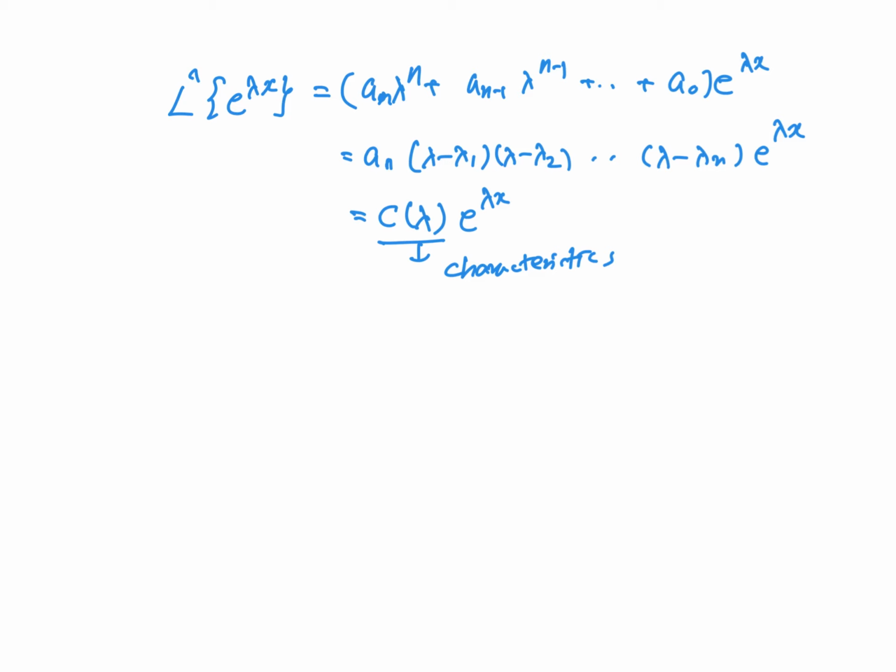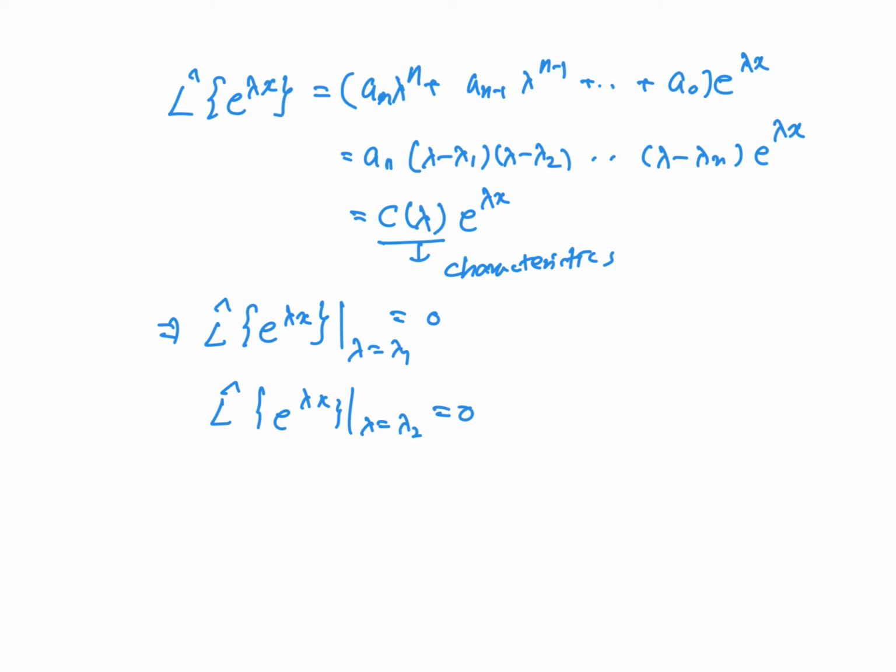If we substitute lambda as lambda 1, then what we have is equal to 0, right? Lambda 2 also equals 0, right? Lambda n is equal to 0.